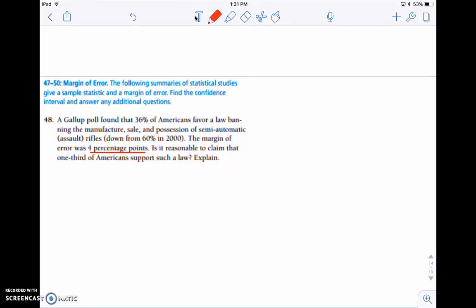So in the middle we had 36%. And we had a 4% margin of error, so you would subtract 4% from 36, which would be 32. We'd also add 4 to that, and between 32 and 40% is our confidence interval.